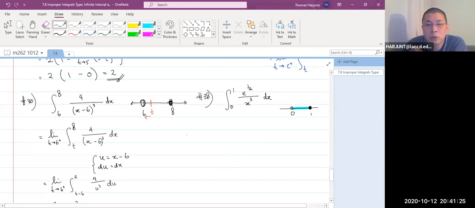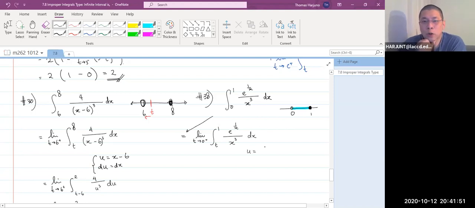So this is equal to, let me shift far to the left, the limit as t goes to 0 from the positive side of the integral from t to 1 of e to the 1 over x over x cubed dx. If my u is 1 over x, then du will be negative 1 over x squared dx. You know what? Let me rewrite this first.